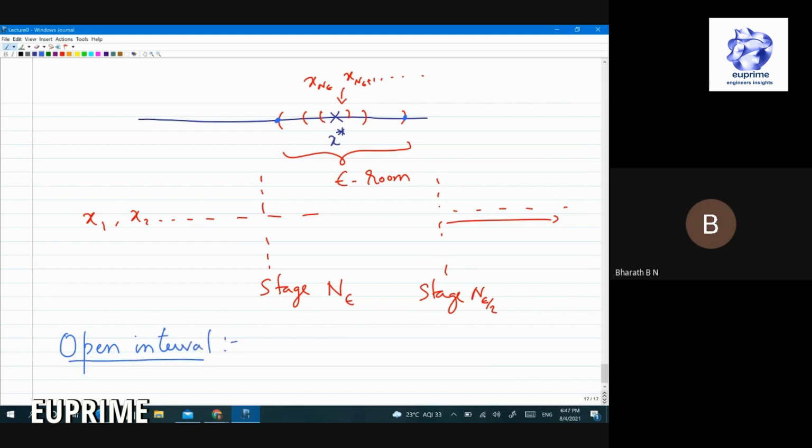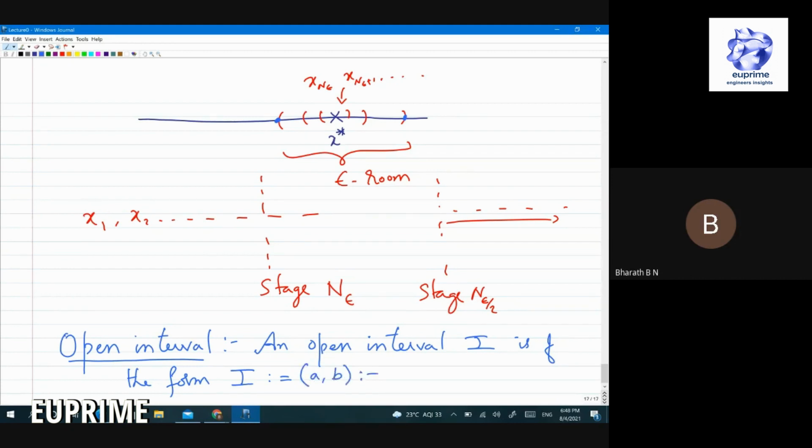You look at all the numbers between two numbers, let's say a and b, but a and b should not be included. So an open interval I is of the form, well, I'm going to use a notation here: a comma b.